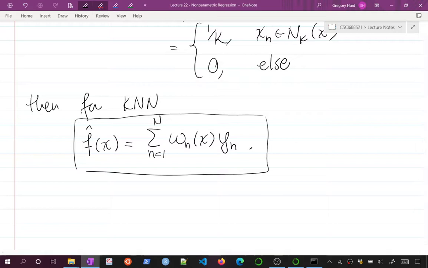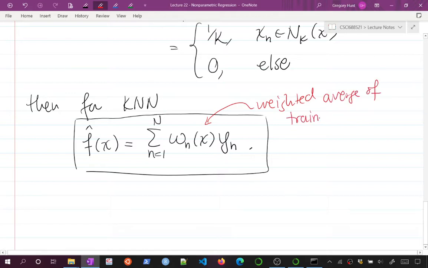It can be interpreted as a weighted average of training Yn's.